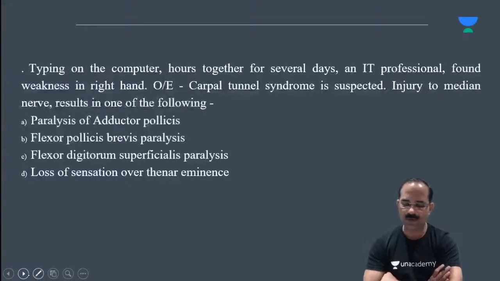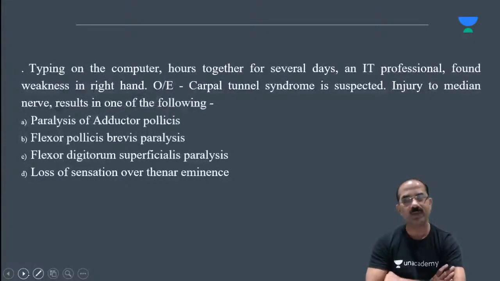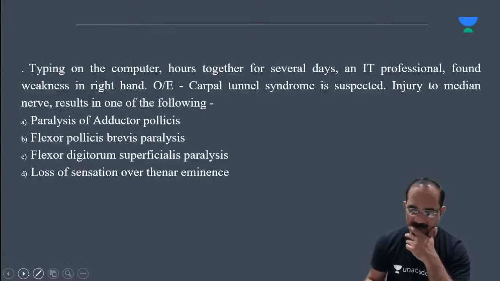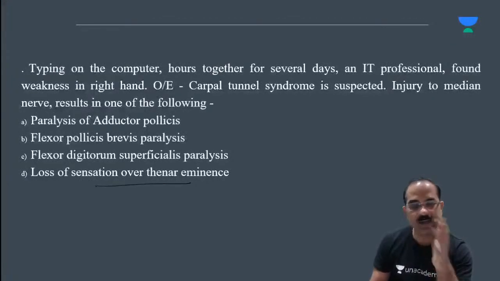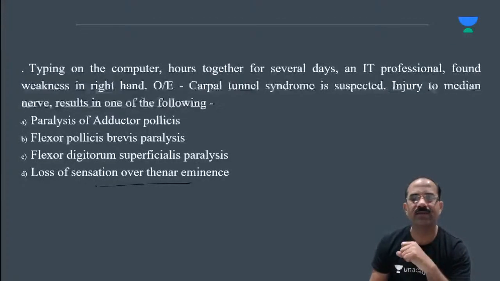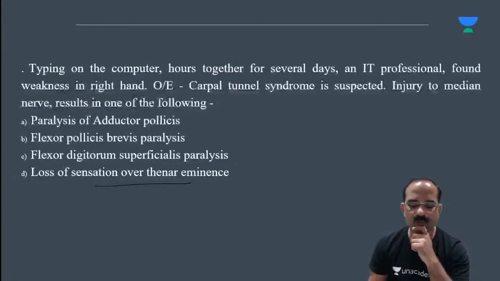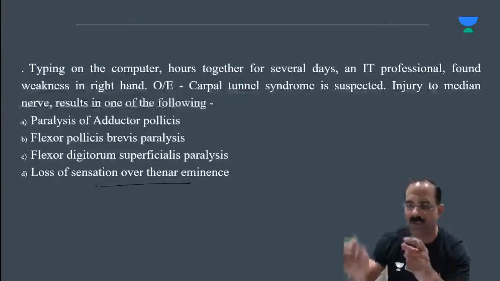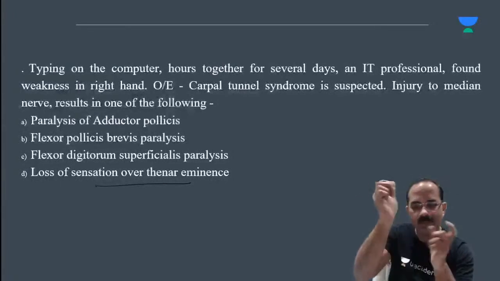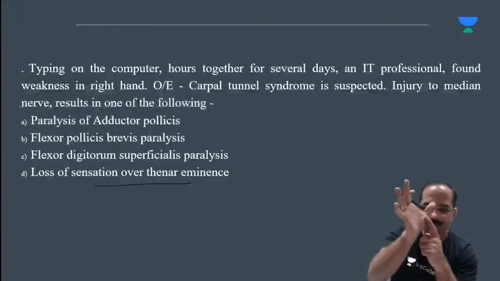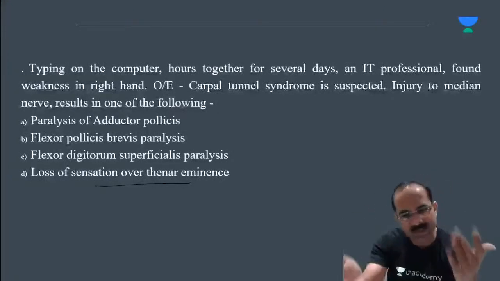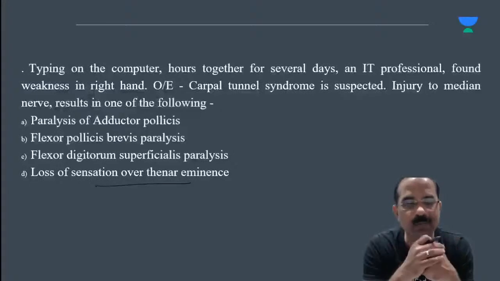How can D be correct? Loss of sensation over the thenar eminence does not occur. It doesn't occur in carpal tunnel syndrome. If the median nerve gets compressed in the carpal tunnel, sensations over the thenar eminence are going to be intact.